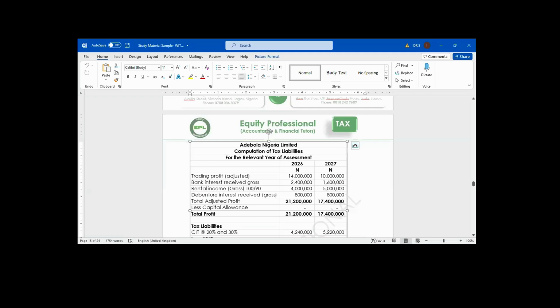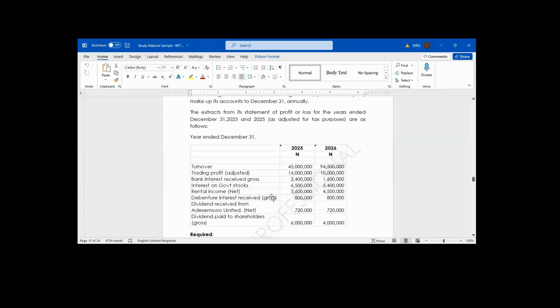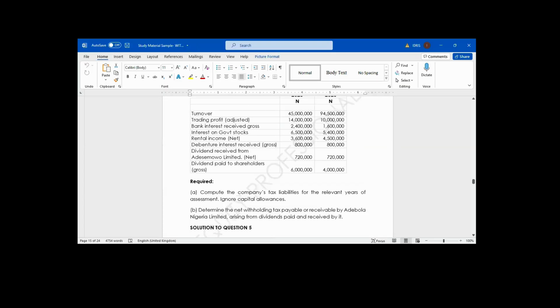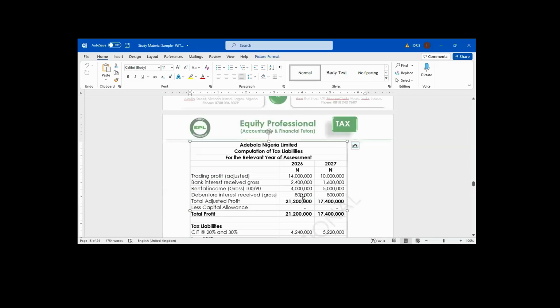After rental income, which income follows again? Debenture interest received. Debenture interest received is an income too, and it's taxable. That one is gross already. So please, why are we grossing them back? Because when you want to do the solution, they have deducted withholding tax.